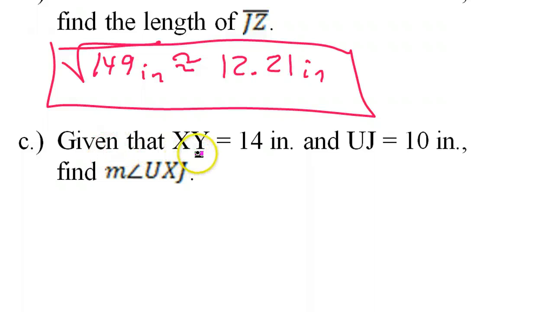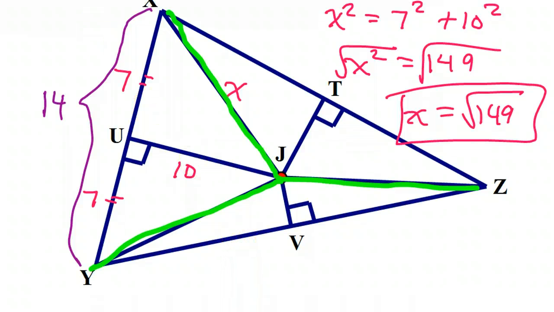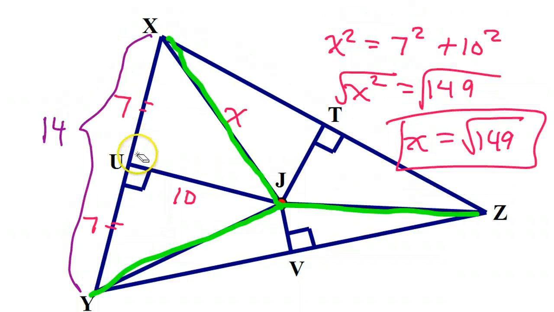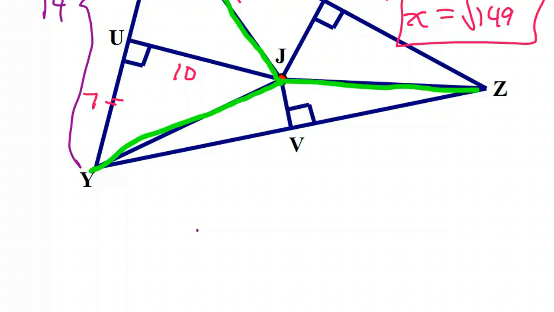Part C. Given that XY is 14 and UJ is 10. Wait, is this the one I just solved?